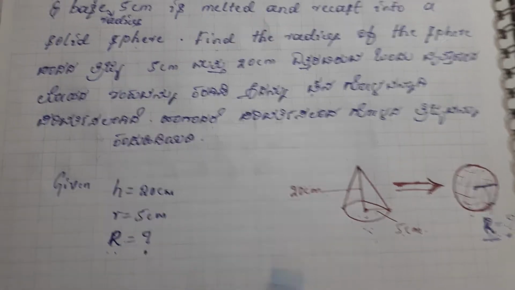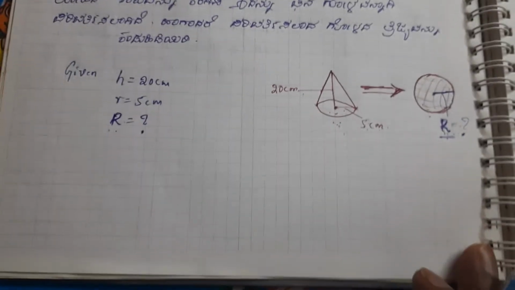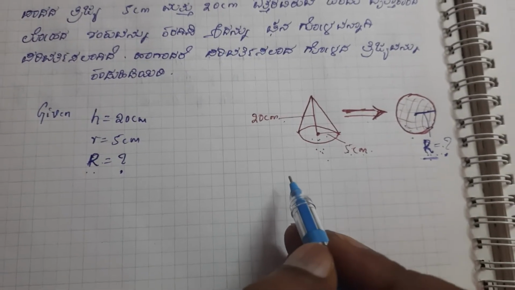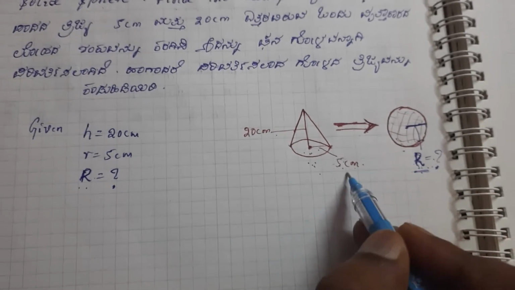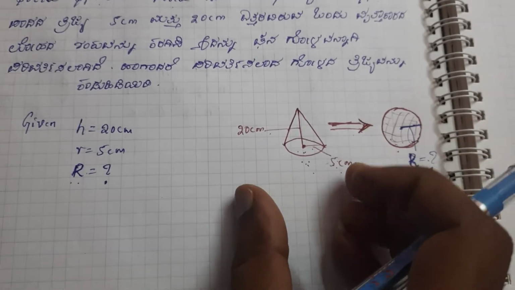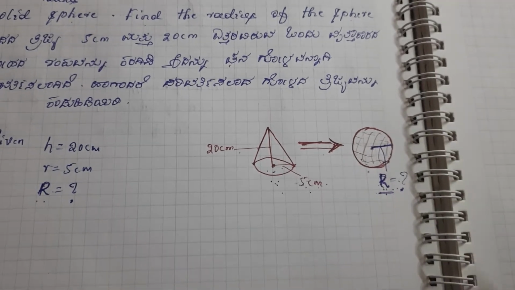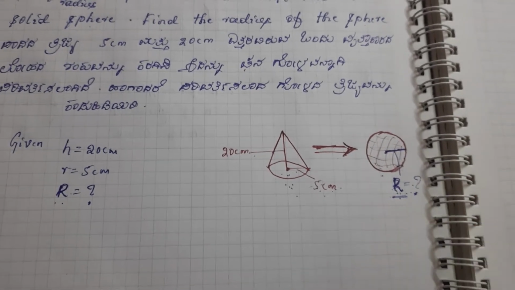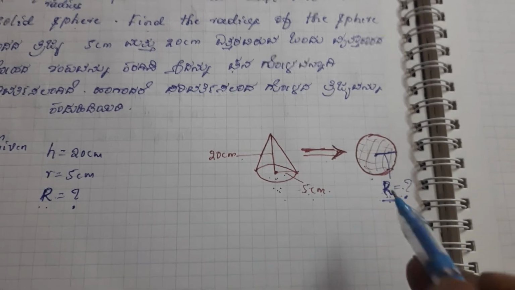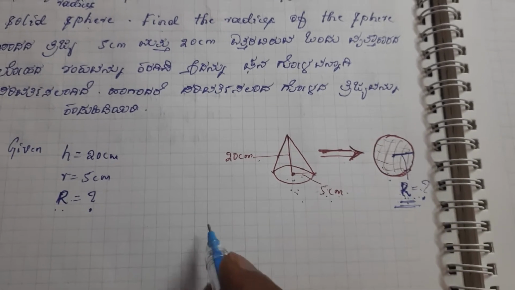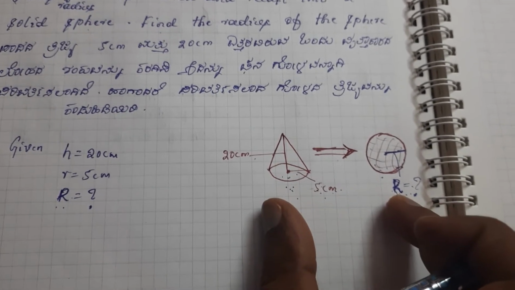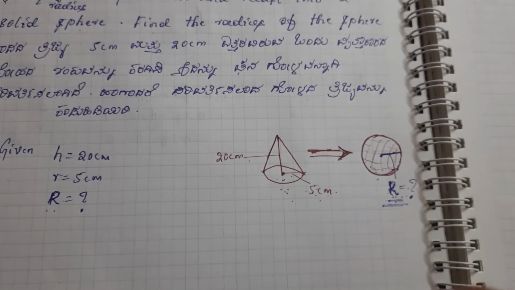Now you have to equate the volumes of these two solids, because whatever the volume of one solid is converted into the same amount of volume of the solid to form another solid. That is why the volumes of both solids are equal.